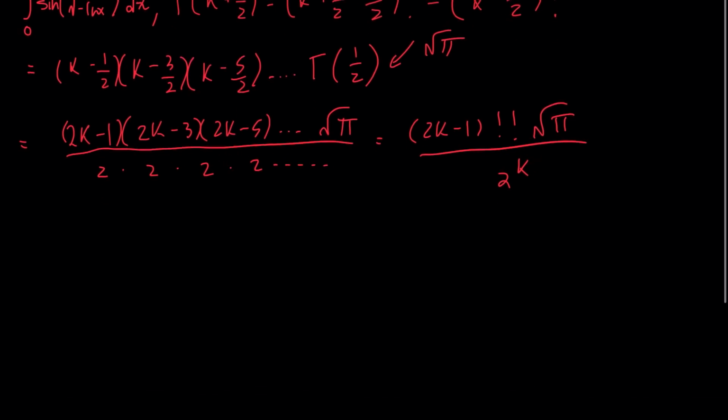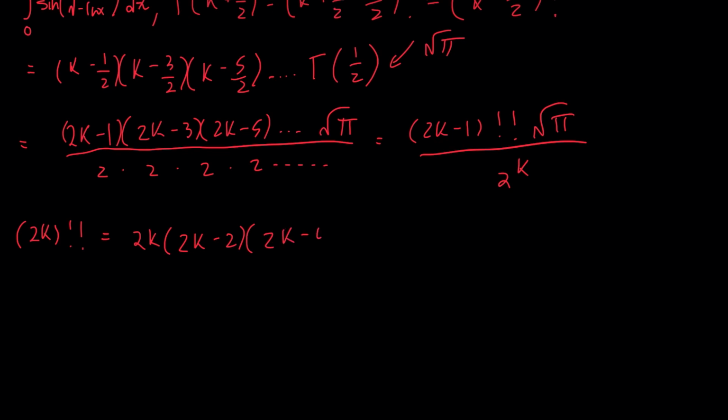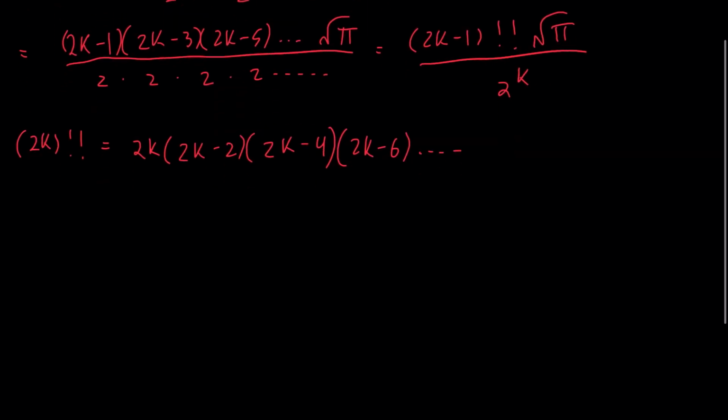And we'll also show that 2k double factorial is the same thing as 2k times 2k minus 2 times 2k minus 4 times 2k minus 6. And we can rewrite this as 2k times 2 times k minus 1, and then 2 times k minus 2, and then 2 times k minus 3.